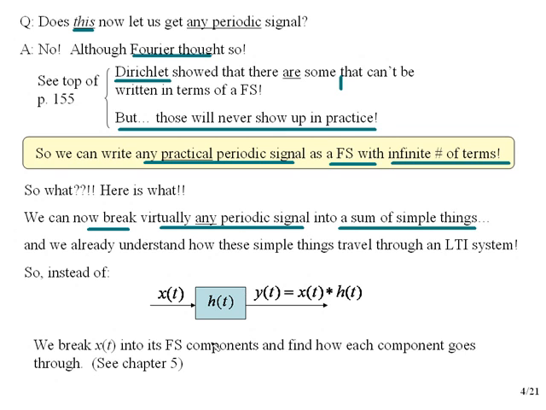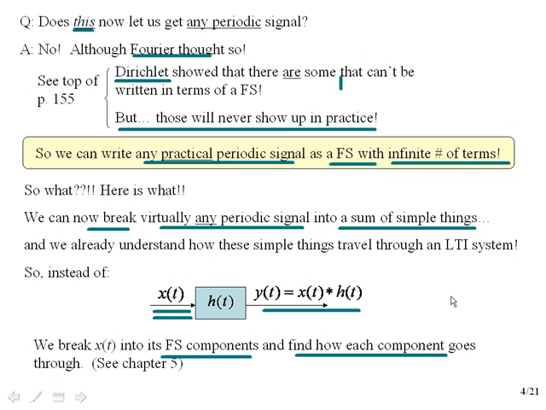And those sinusoids have a very easy way of going through the system. We've already figured that out. So instead of taking some complicated periodic signal and analyzing it through convolution, we're now going to take x of t, break it down into its Fourier series components, and then just ask how each component goes through the system, find each of those responses, and add them up at the output. So that's what we'll be doing in essence.